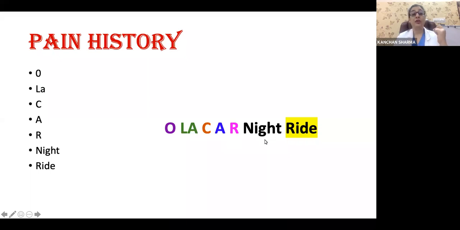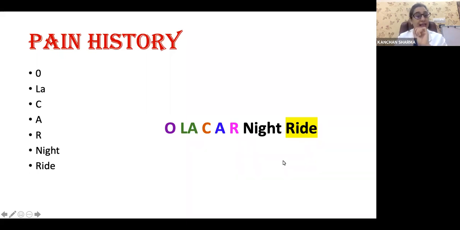And night here is your night pain. And this ride, because when we go for a ride, we do not stop, until unless we go for just 1 kilometer or 2 kilometers. So ride becomes your radiation of pain. Fine. So onset, location, character, aggravating factor, relieving factor, night pain, and radiation.